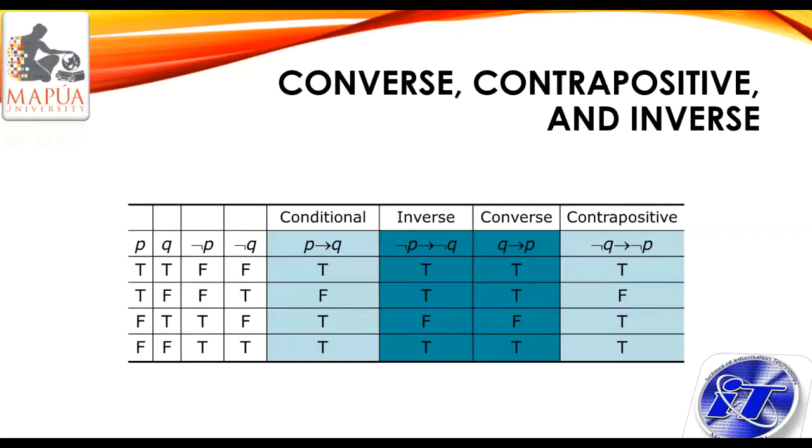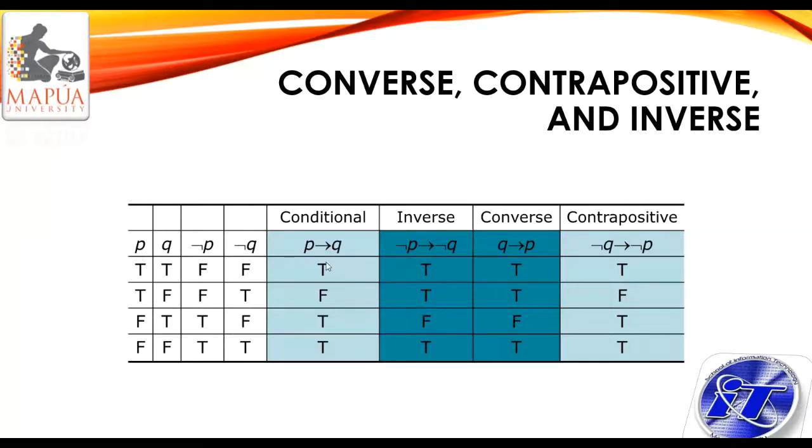Now let's compare conditional and contrapositive. As you can see in this column and the column of contrapositive, they have the same result, same values. Therefore, conditional is equivalent to contrapositive.